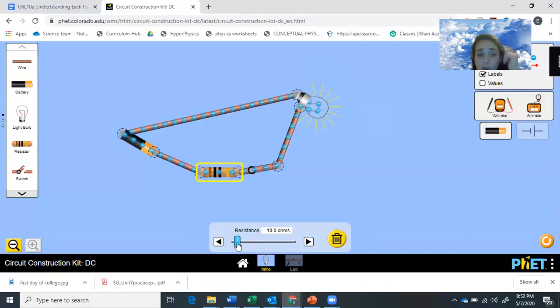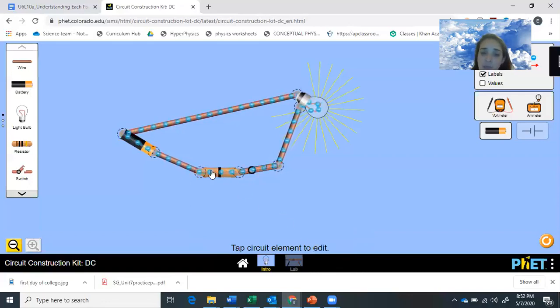If I make my resistor bigger, the dimmer my light bulb becomes and the slower the charges move. And the smaller I make it, the brighter the light becomes, and the faster the charges move.